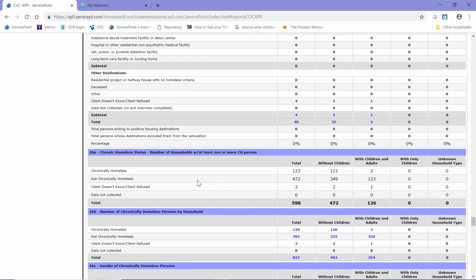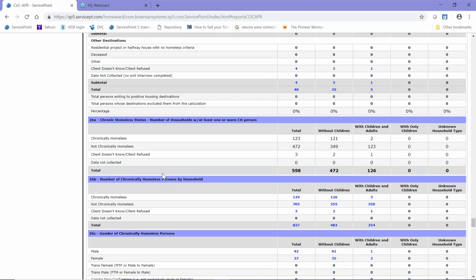And then we come to a whole other section of this report that is based on our chronic clients. So of our clients, 123 of them are chronically homeless adults, or total.